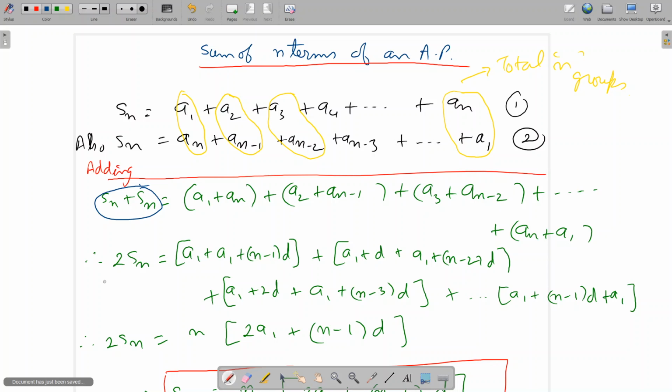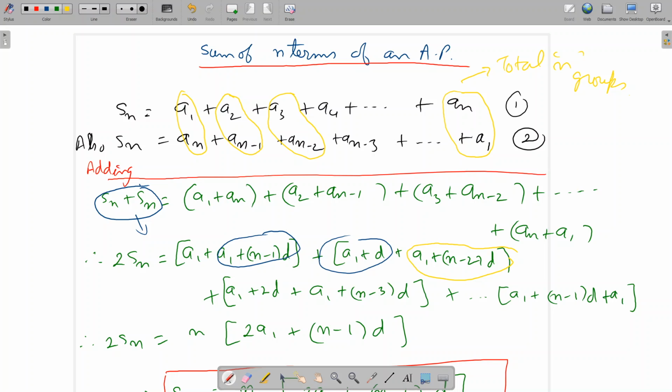Now on adding these two, we are getting 2Sn, because Sn plus Sn is 2Sn, and here we'll use the formula of an. So for the first one we are getting a1 plus an, and an can be written as a1 plus n minus 1 into d. Similarly, a2 can be written as a1 plus d, and an minus 1 can be written as a1 plus n minus 2 into d.